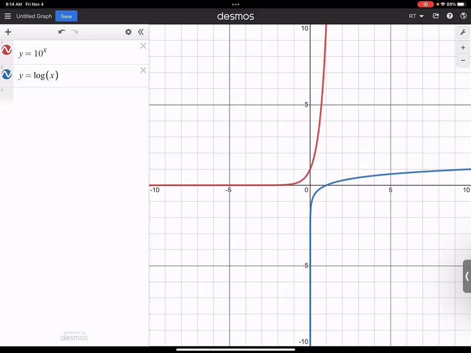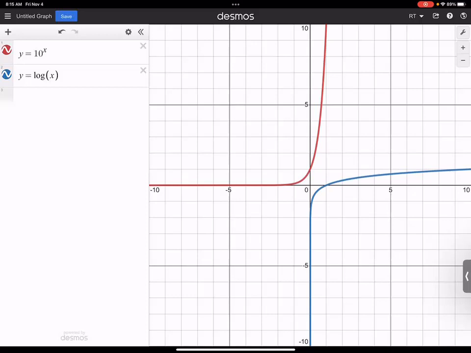But if you know the domain and the range for the exponential, you get the domain and range for the log by swapping them, because x's become y's and vice versa. So the domain for this thing is the range for this. The range is the upper half. The domain is the right half, so 0 to infinity. The domain for this thing is everything, the whole real line. So the range for this is everything.